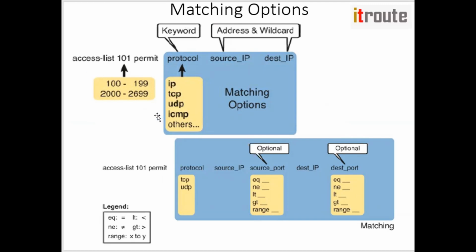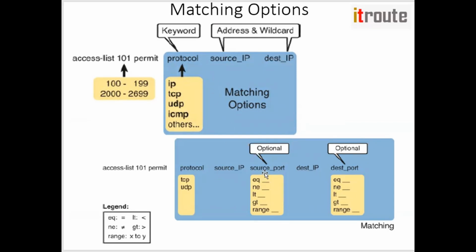The access control list will match source and IP. So access control list 101, then it will permit or deny, then the particular protocol, it will permit or deny. After that, source IP and destination IP, right?